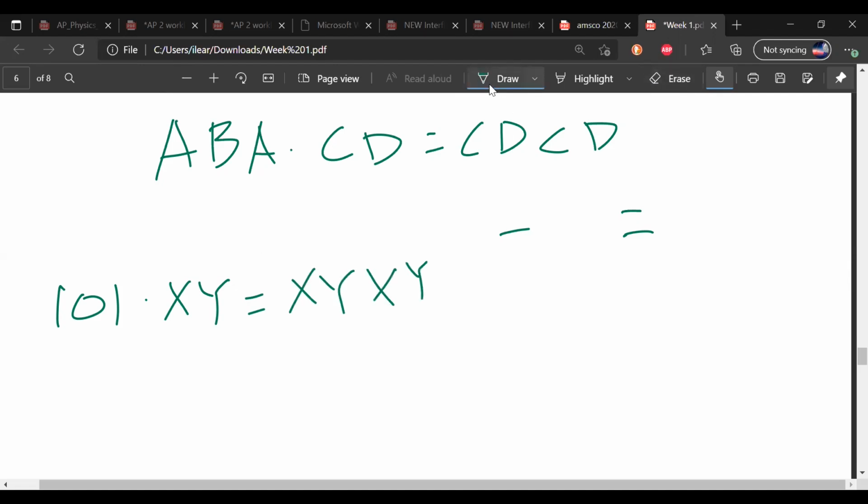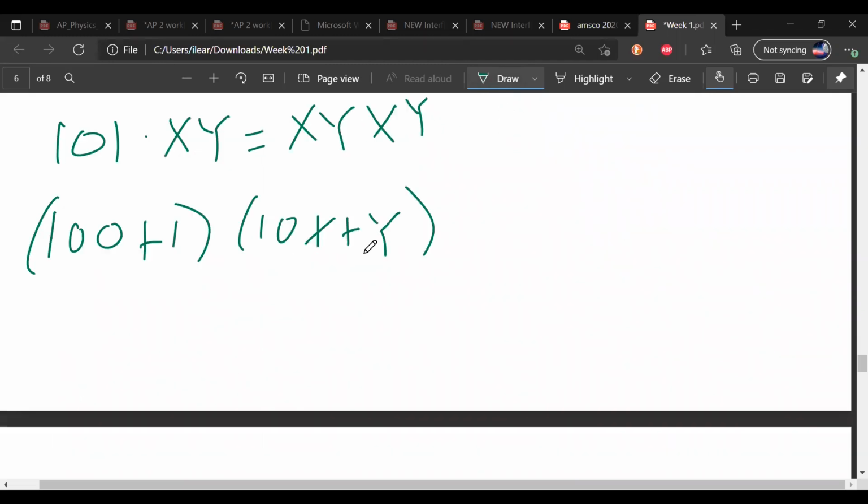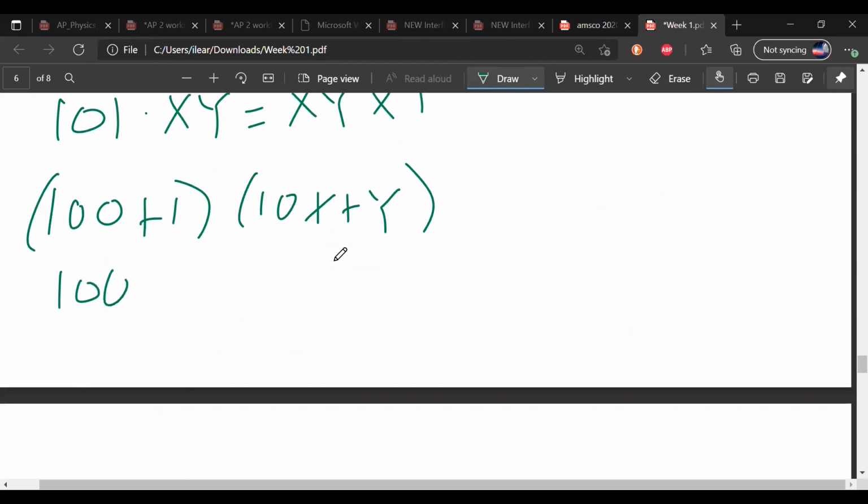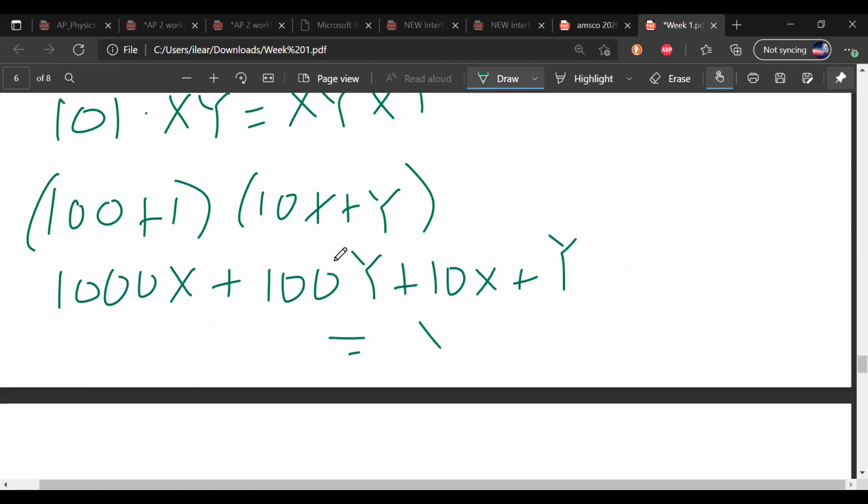So let's replace XY with 10x plus y. That's how you would represent a number like that, right? So we can also write this as 100 plus 1 times 10x plus y. Now let's expand this. You then get 1000x plus 100y plus 10x plus y. And this would equal XY.